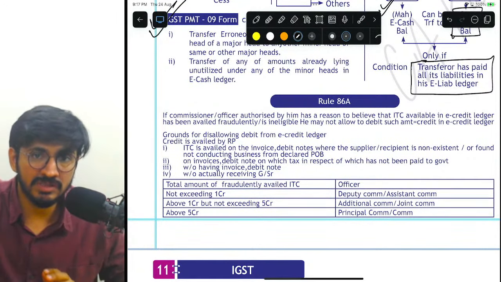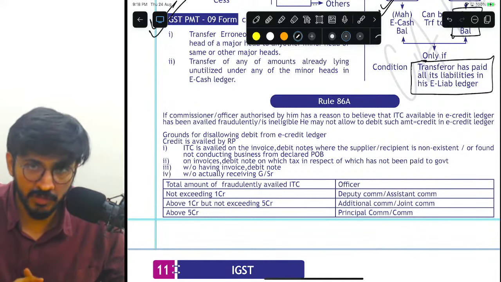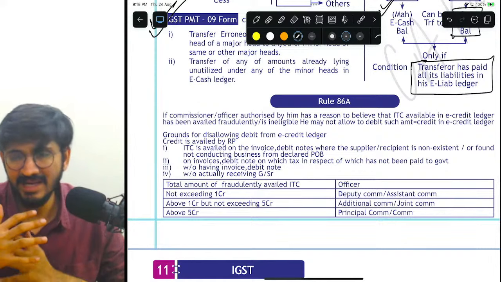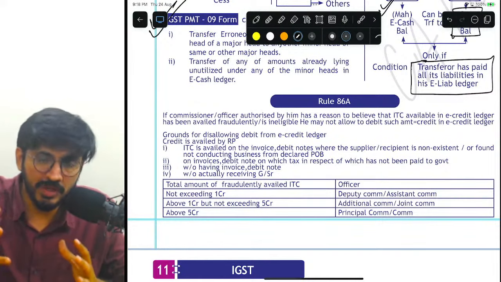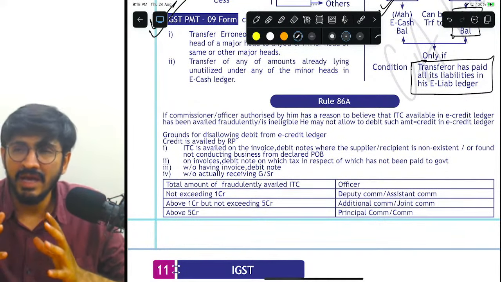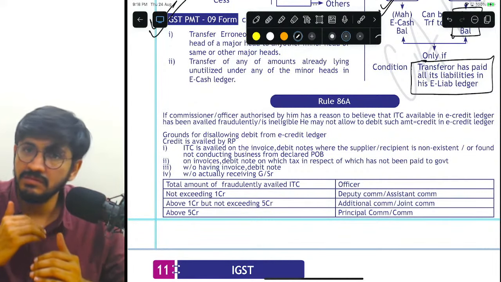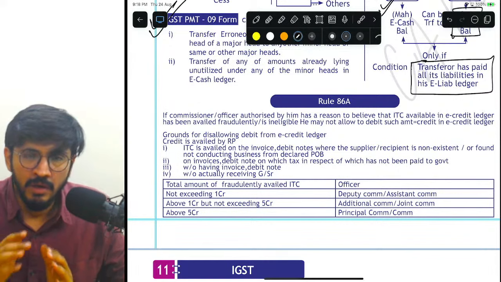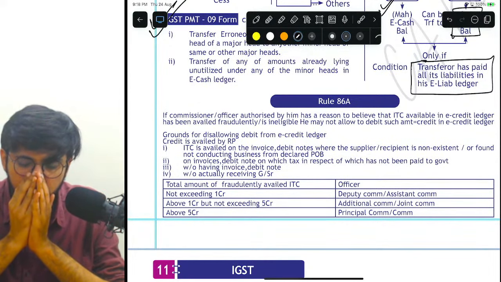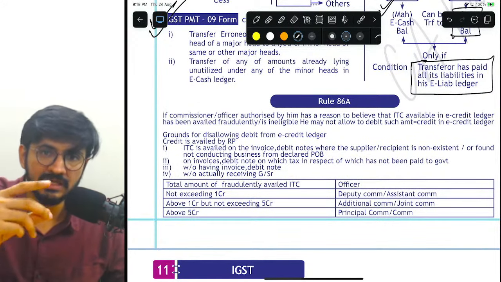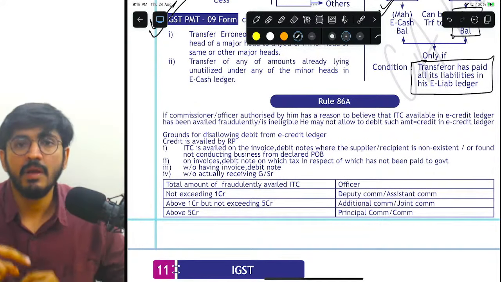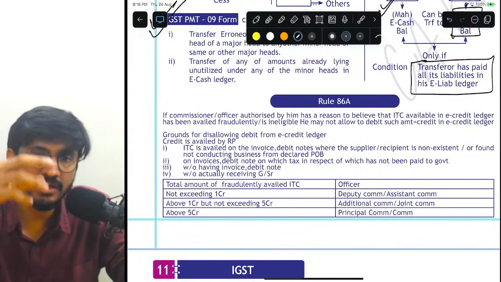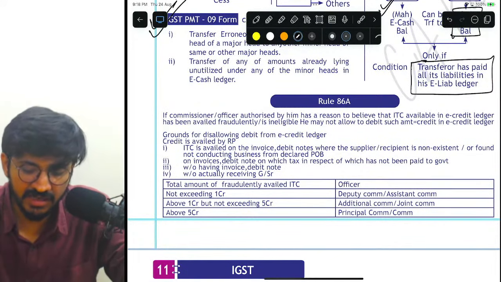Or you have paid tax to the supplier, but the supplier has not paid tax to the government. If any situation like this arises, it's very simple. The department will say, don't debit the ITC. Don't let him debit the e-credit ledger.